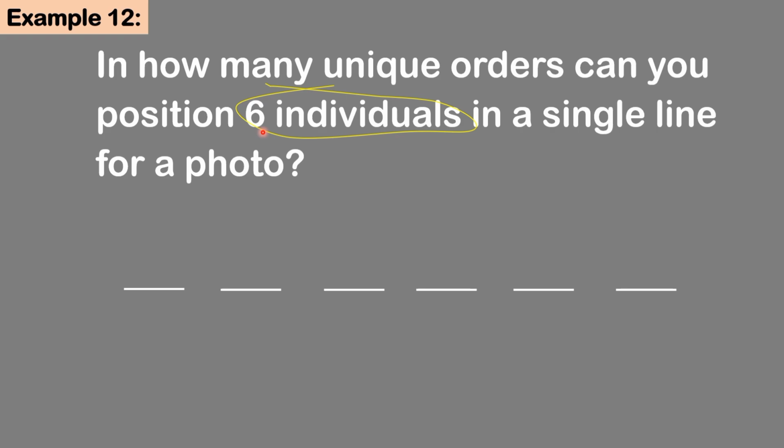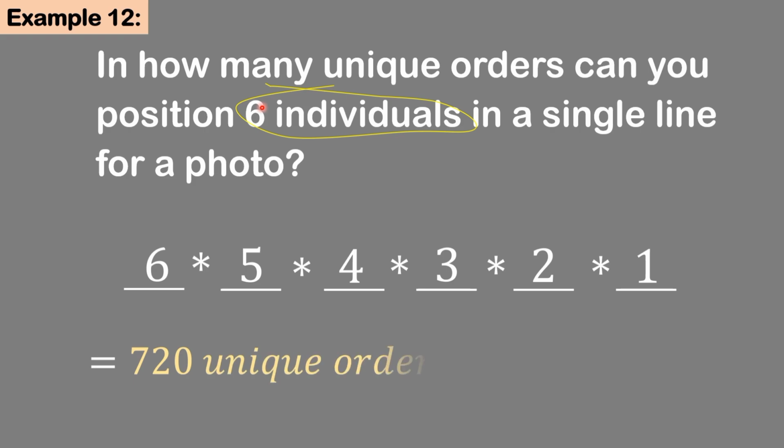For the first position, there are 6 individuals to choose from. For the next, there are 5, then 4, 3, 2, and then 1. Multiply. So there are 720 unique orders to arrange the 6 individuals in a single line for a photo.